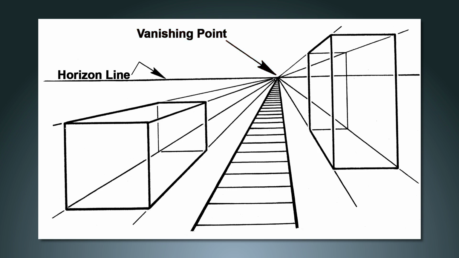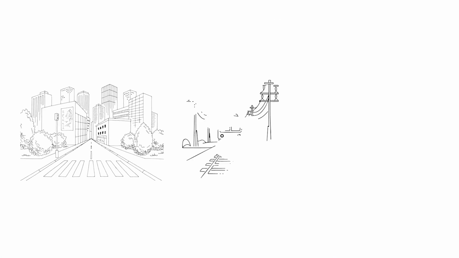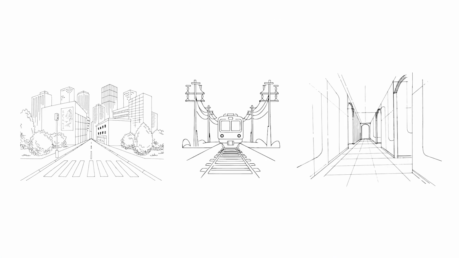You can always find the vanishing point sitting on the horizon line, the line that falls horizontally at your eye level. The vanishing point helps us make our pictures look like they have depth and go on forever. So if you ever want to draw something like a road, train tracks, or a hallway that looks very real and stretches out far, you'll use a vanishing point to show where everything comes together in the distance.